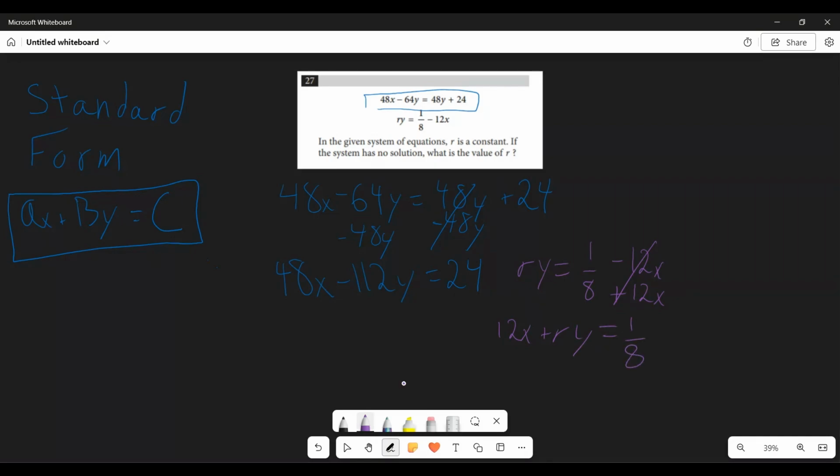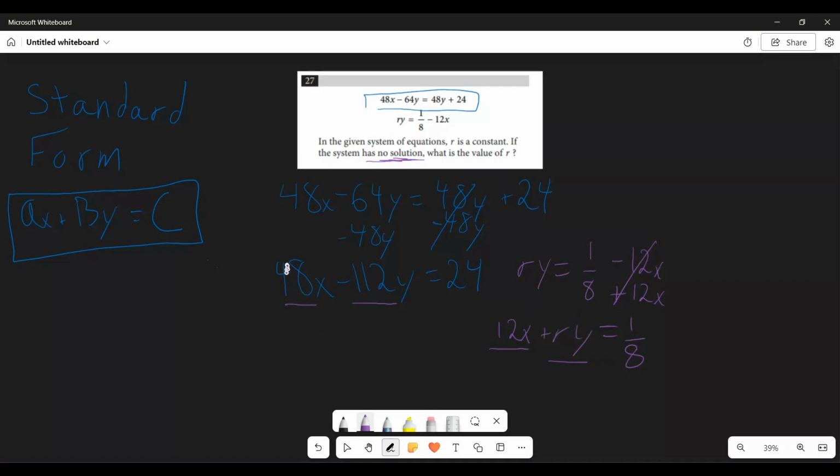All right. Now, remember, these two lines are parallel lines, right? Because they have no solution, that means they are parallel lines. So because they are parallel lines, when parallel lines are in standard form, each term, meaning the x term and the y term, times some scale factor will equal the x term and the y term of the other parallel line, right?